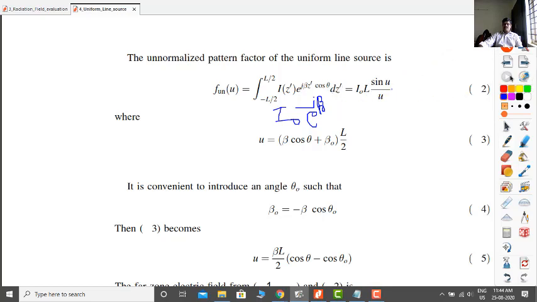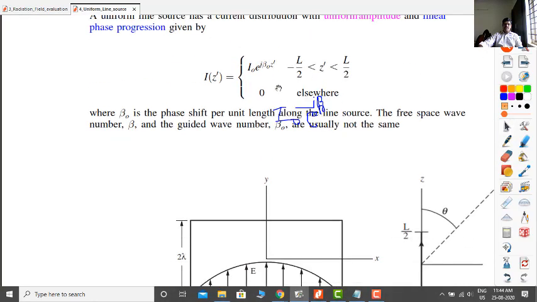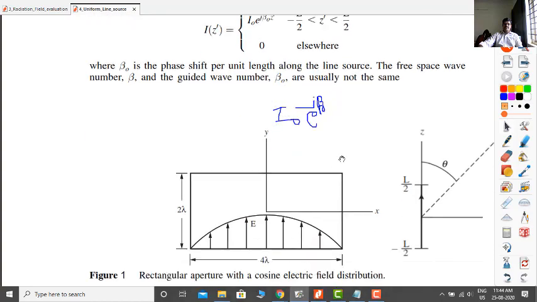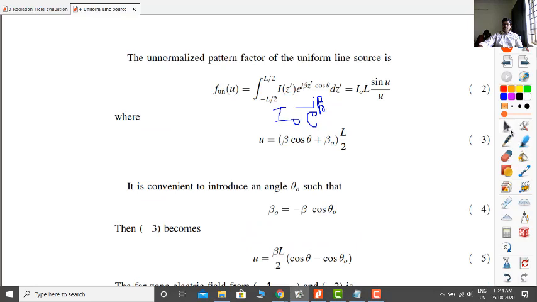So this is I 0 e raised to j beta 0 z, in terms of z prime.